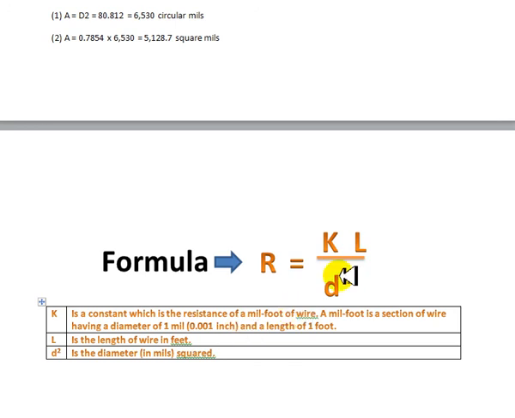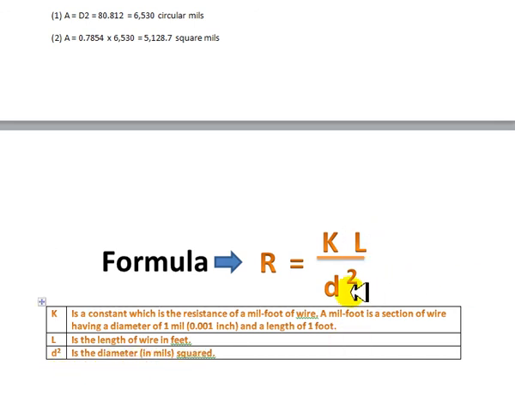Now L is the length of wire in feet. We're going to use about 12 feet as an example later on. That's where you put that 12 feet, okay? You're going to put 10.4 here, and in here you're going to put 12. Now D square is the diameter in mil squared.